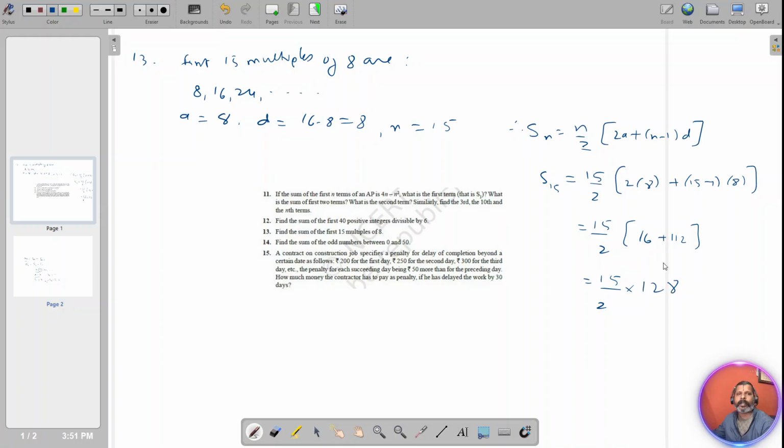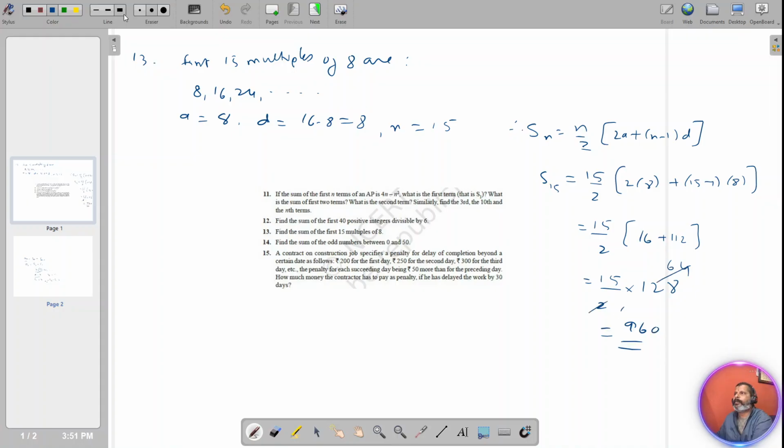If you cancel, 2 ones are 2, 2 sixes are 12, 2 fours are 8. So 15 into 64, it becomes 960. That is the answer.